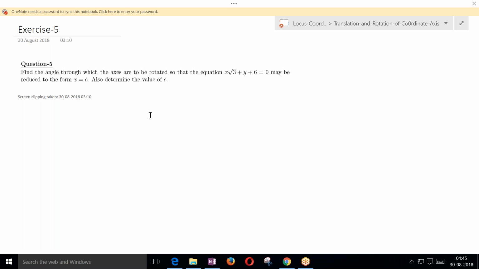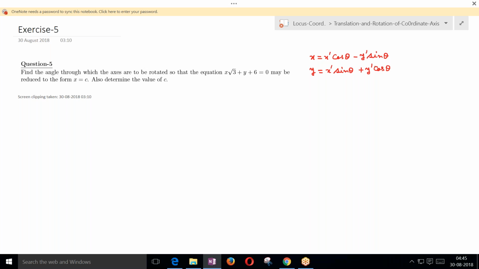So when there is a rotation of theta of the coordinate axis, as we know, the value of x in the new coordinate system becomes x dash cos theta minus y dash sin theta, and similarly y is equal to x dash sin theta plus y dash cos theta.